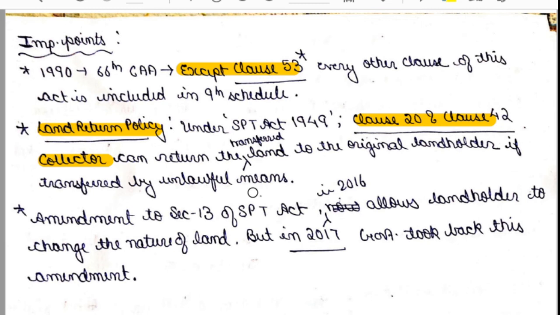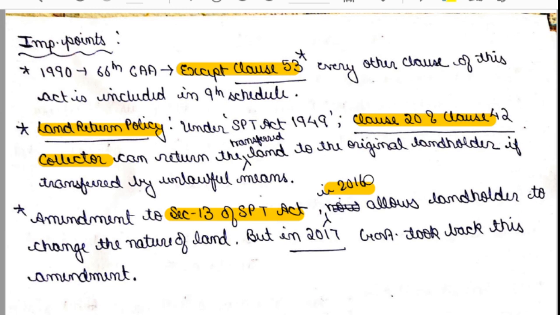One more important point we have is under section 13 of the SPT Act. Earlier it was there that the nature of the land holding cannot be converted. But in 2016, an amendment was brought by the government that the nature of the land holding can be changed.